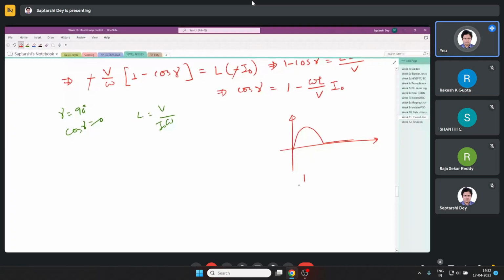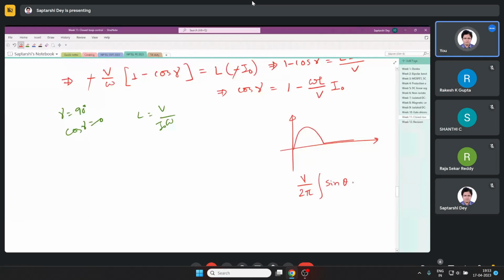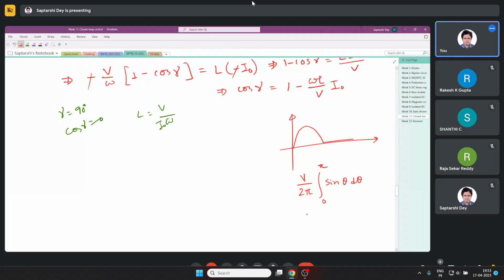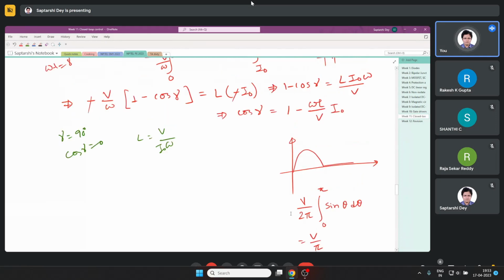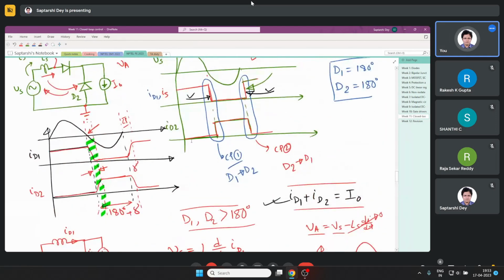So if you do 1 by 2 pi, V sine theta d theta 0 to pi, so V by 2 pi cos theta, cos 0 is 1 minus minus 1, 2, yeah, V by pi load voltage. Now what is the load voltage? Let us see.